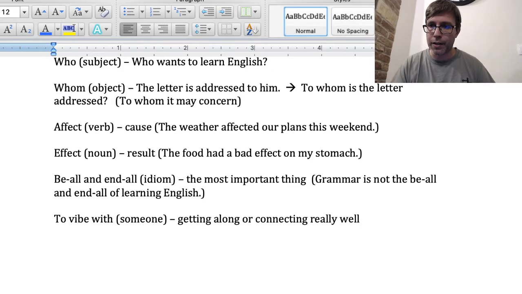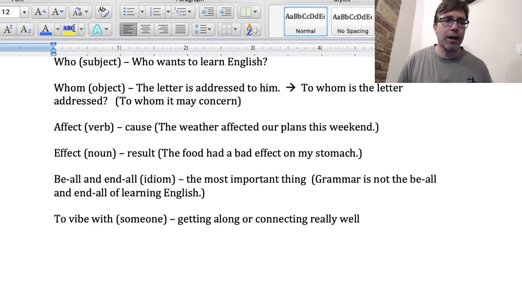Let's see. Differences between must and have to. Well, both of them are modals of obligation, so in that case, you could really use them interchangeably. I feel like must is probably a little stronger than have to, but really they mean the same thing.